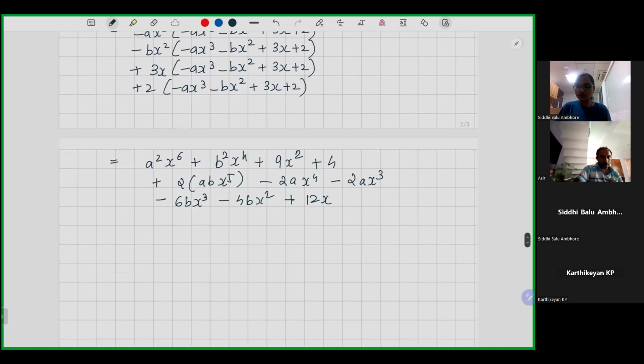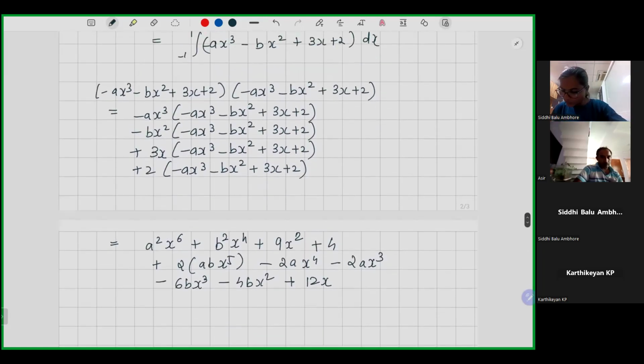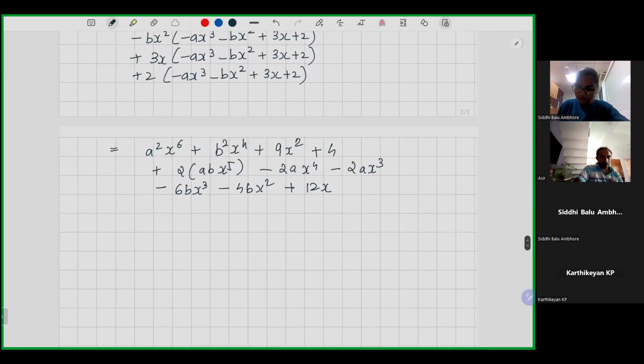So this is the square of this term, and we have to integrate now from -1 to 1, which is a bit tedious, but let us do this.